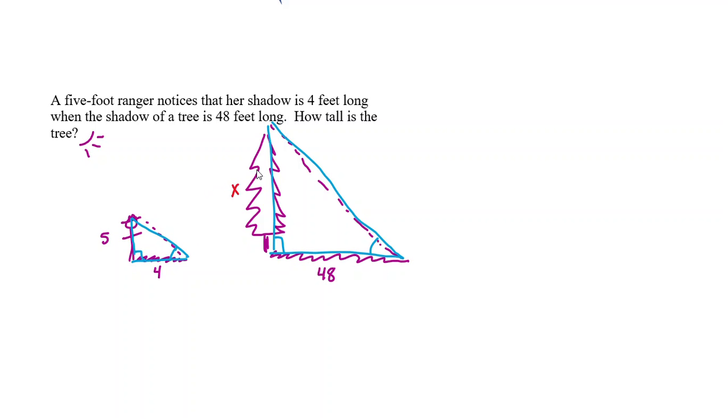So we can set up triangles, sides of proportion, and if there's two sides we know, three sides we know, and one side we don't know that are corresponding, then we can set up a proportion.